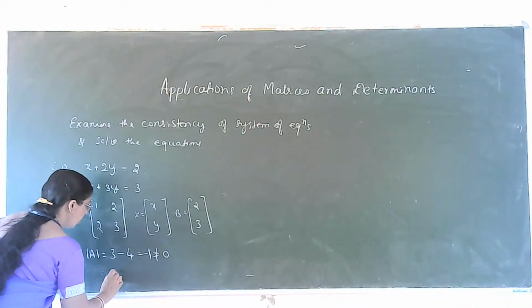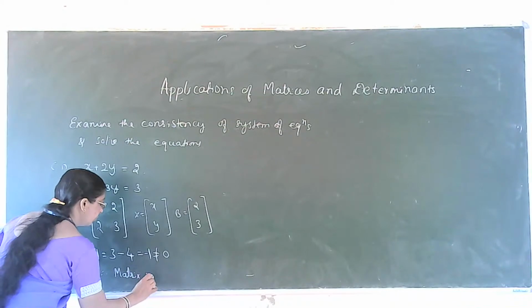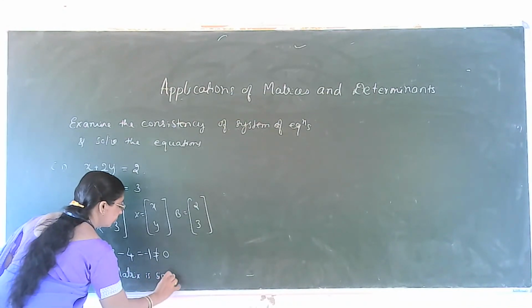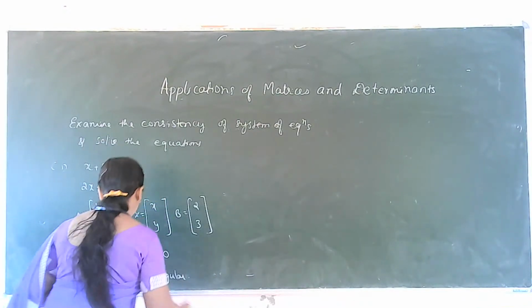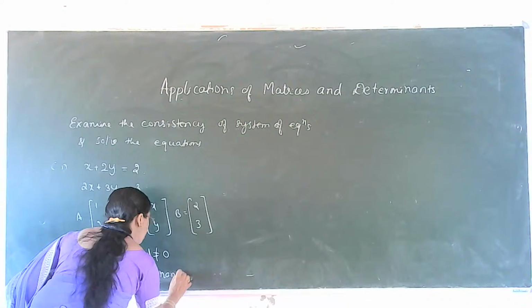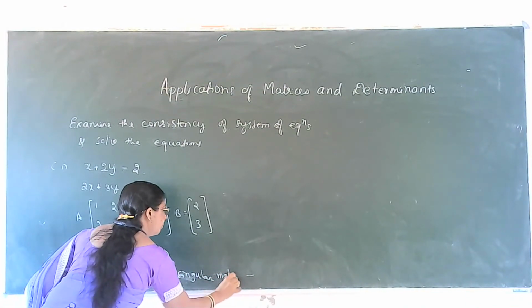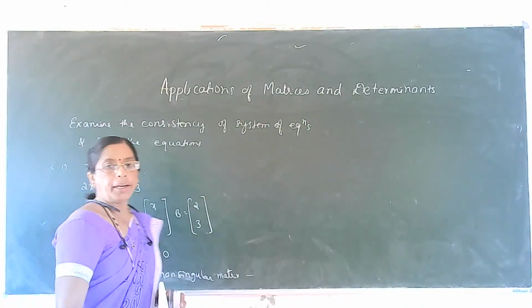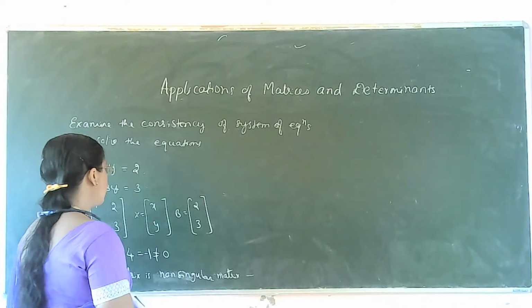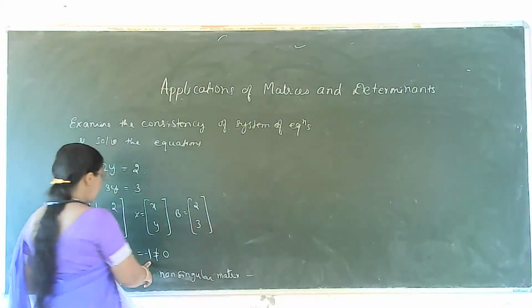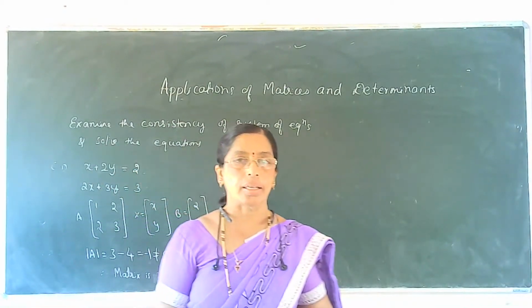Therefore, the matrix is non-singular. Since the determinant value is not equal to 0, it is consistent.